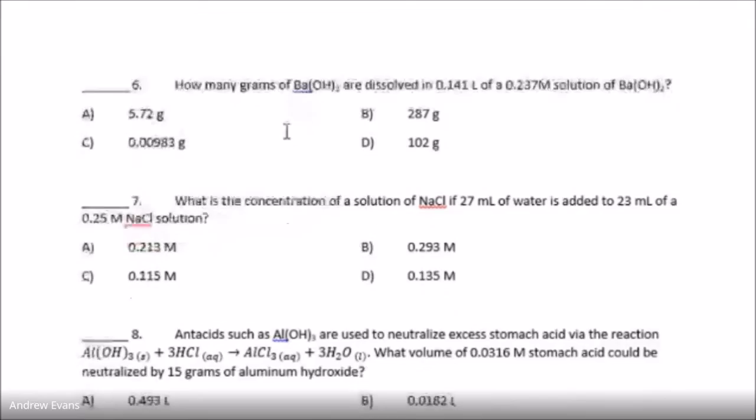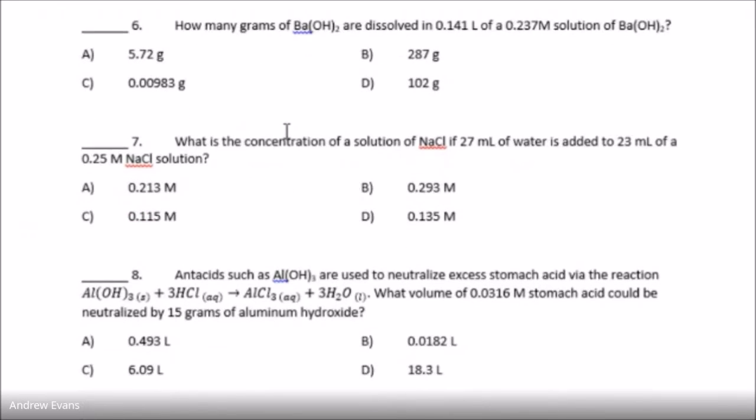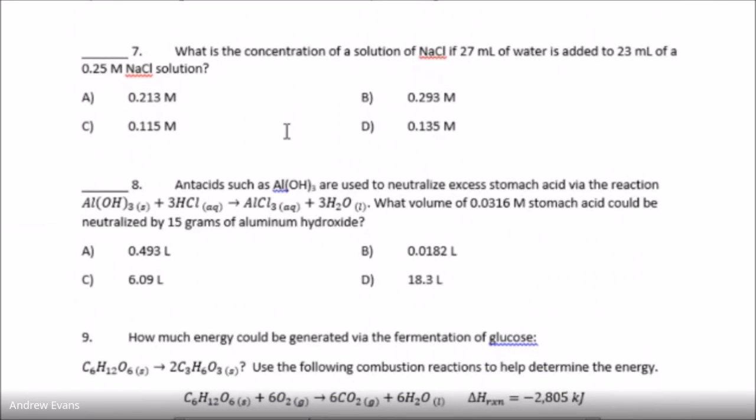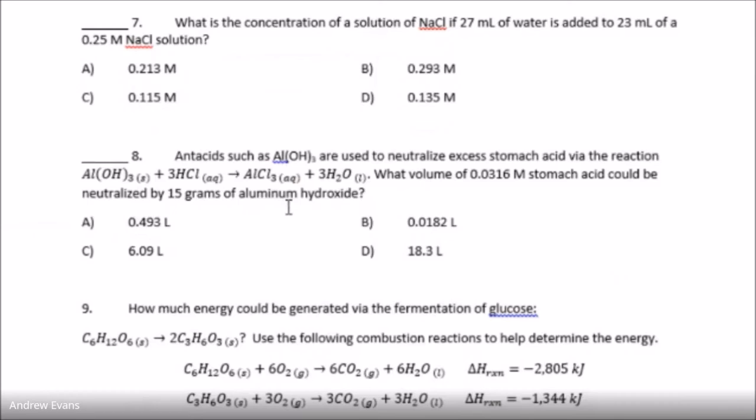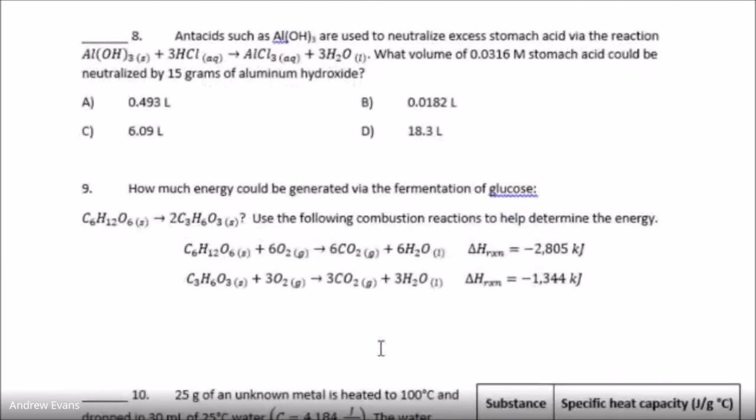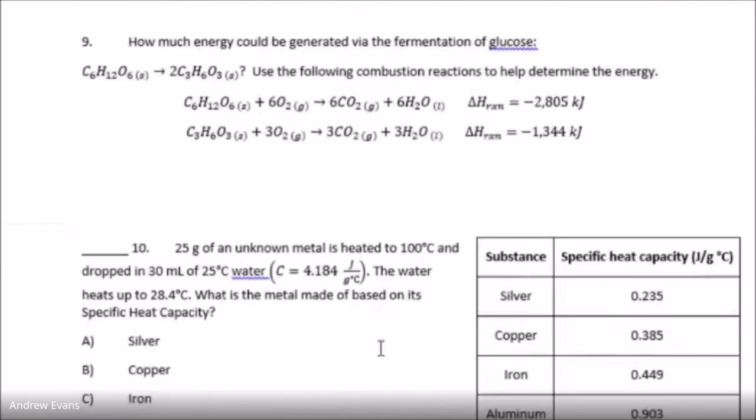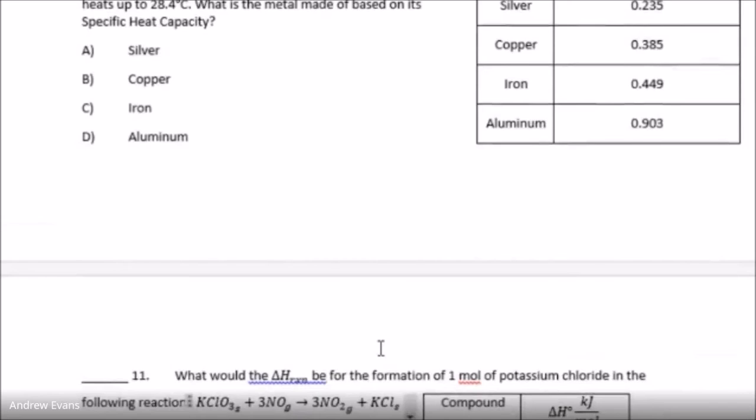We have M1V1 equals M2V2. We have a stomach. So this is all grams to grams. Here's a Hess's law problem. Here's a specific heat problem.